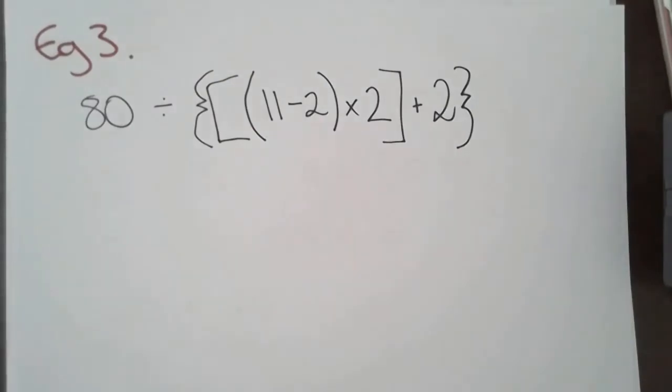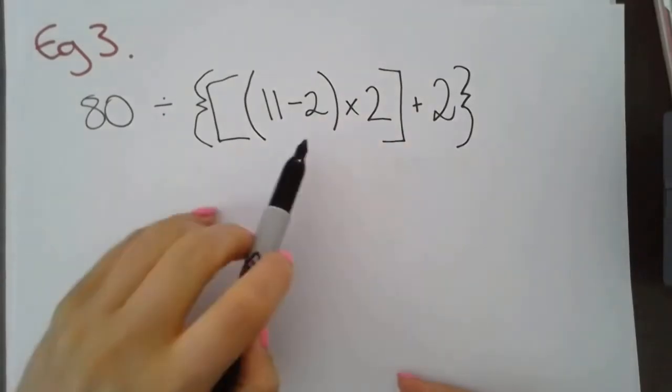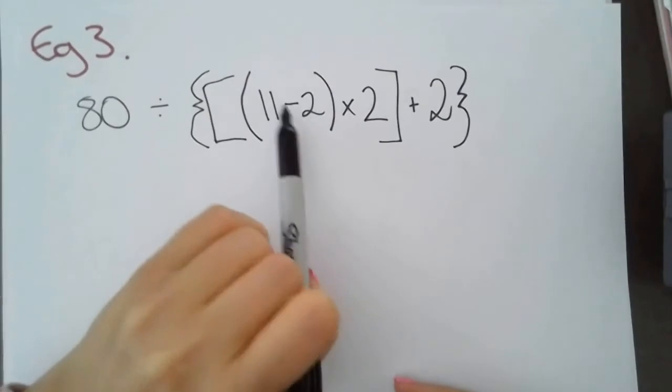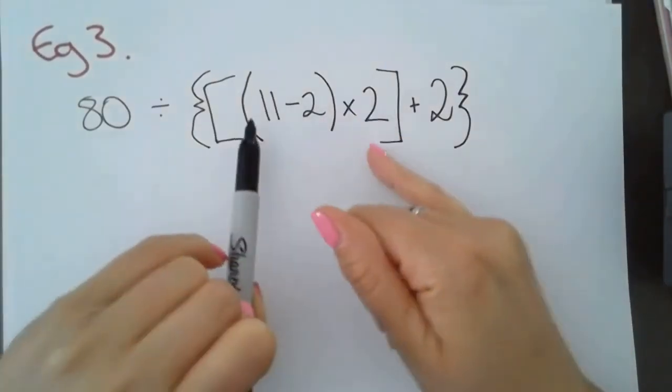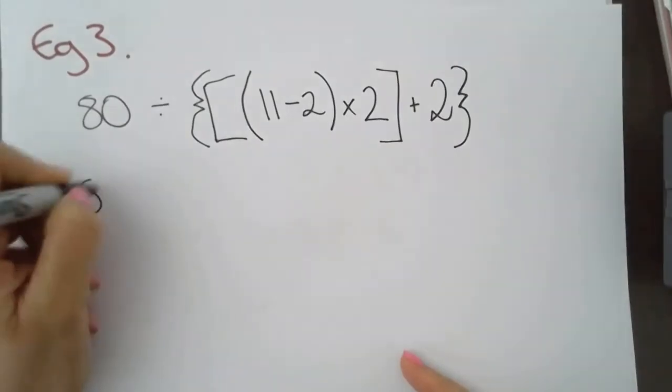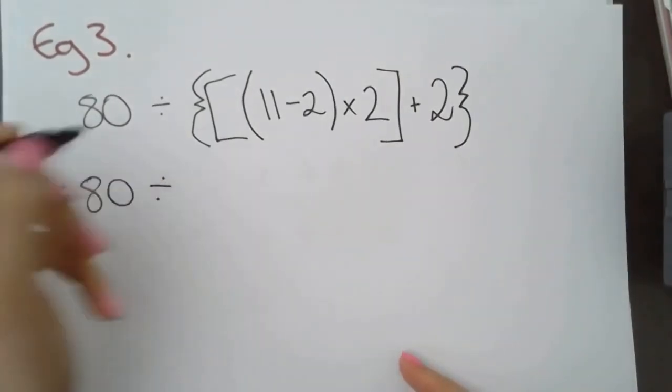So it doesn't really matter the shape of the brackets, it's just that they do change and you've got to be aware of that. Okay, so when you've got multiple brackets, you've got to start with the most inside pair of brackets. So you've got to go into the very middle and do that first, then you work your way outward. So equal signs lined up, everything else stays the same.